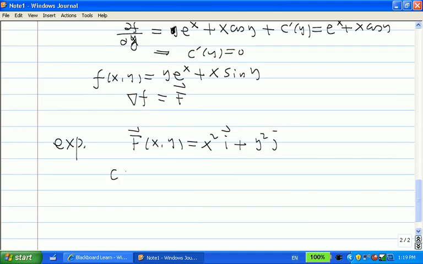And we give you C here. C here is a part of the parabola y equal 2x squared from point -1, 2 to 2, 8.